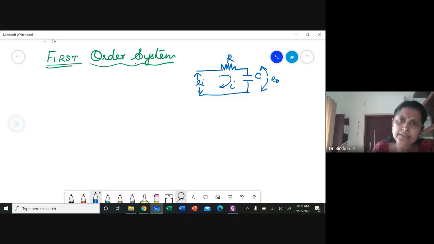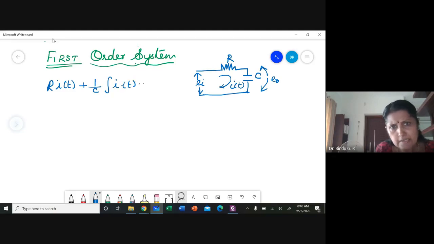Now, I am going to find out the transfer function of this simple RC network. Those of you who know how to derive it, kindly derive it, or else you can follow my steps and write. If I write the first equation, R i(t) plus 1 by C integral of i(t) dt is equal to Ei(t), equation number 1.